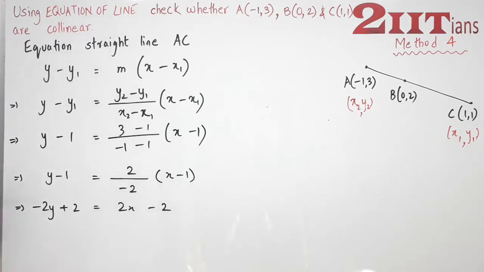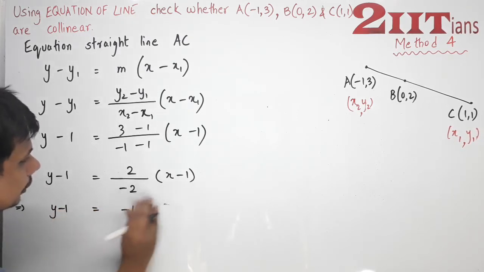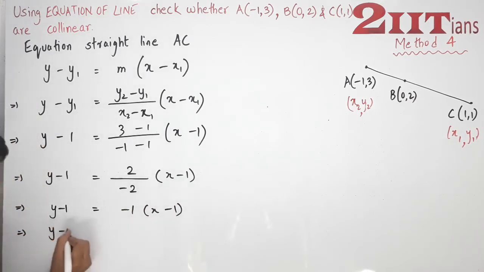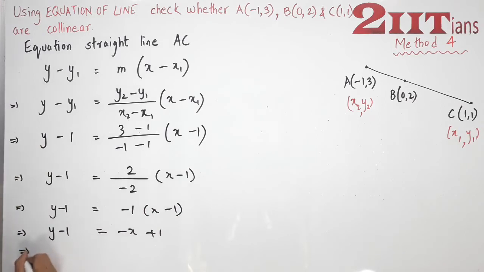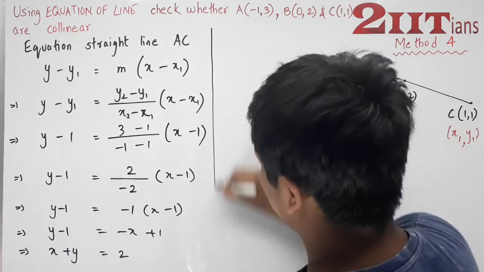Or you could have reduced everything: y minus 1 is minus 1 times x minus 1, so y minus 1 is minus x plus 1. So x plus y is equal to 2. So this is the equation, and now we will satisfy.